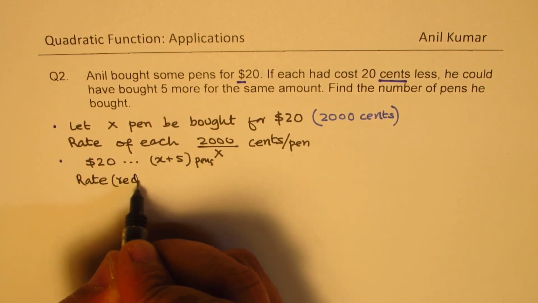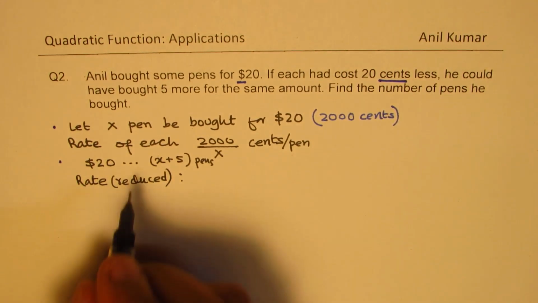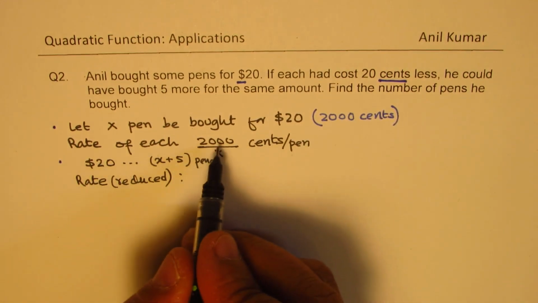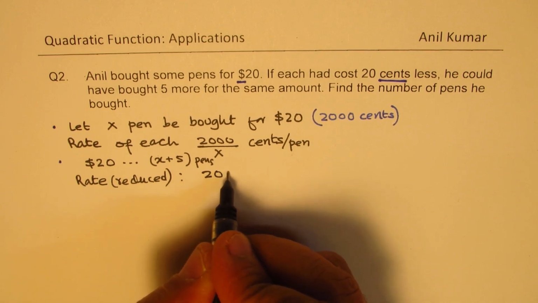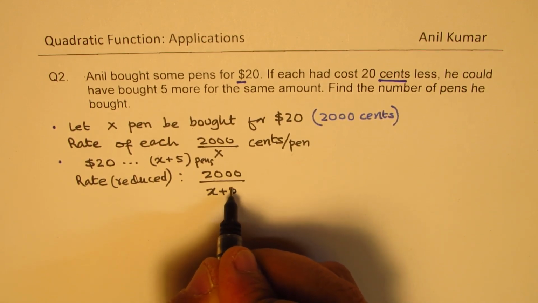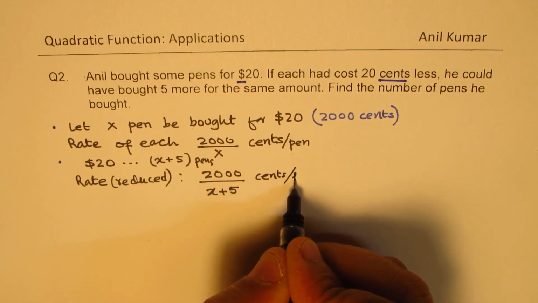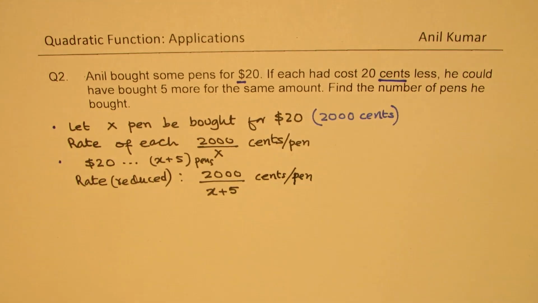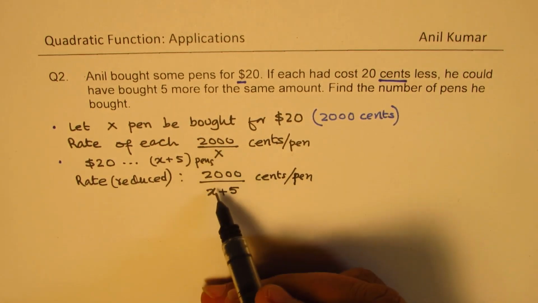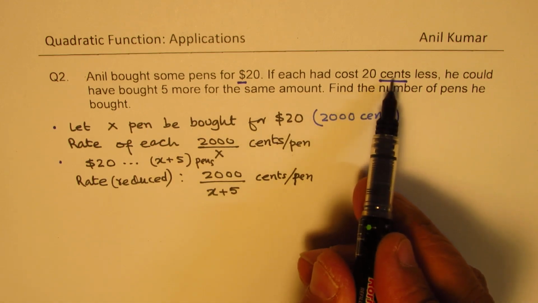This is the reduced rate, right? So the reduced rate here is, we'll convert this back to cents, which is 2000, but we purchased 5 more, so 2000 over x plus 5 cents per pen. Clear? And this difference is given to us as 20 cents, right?